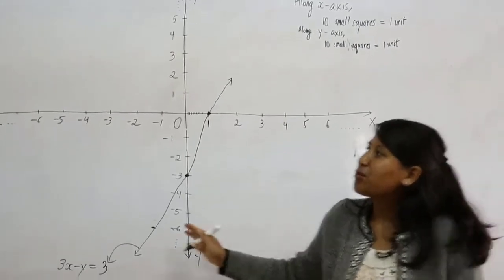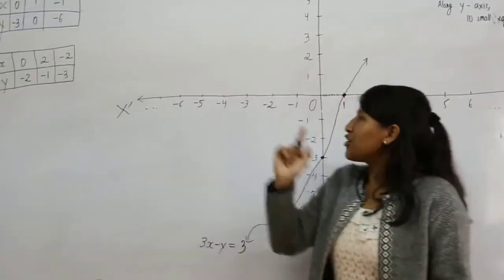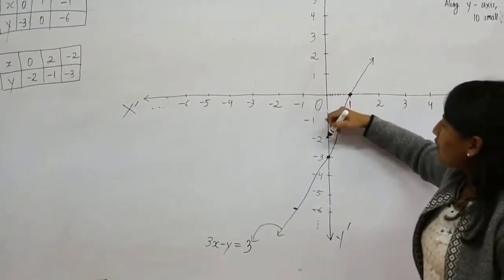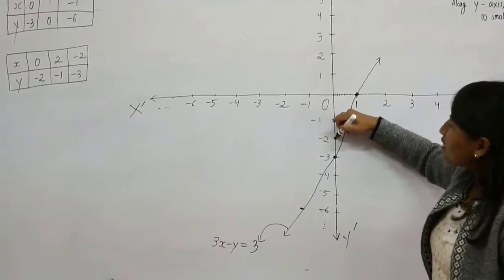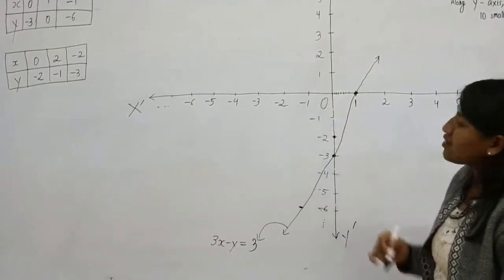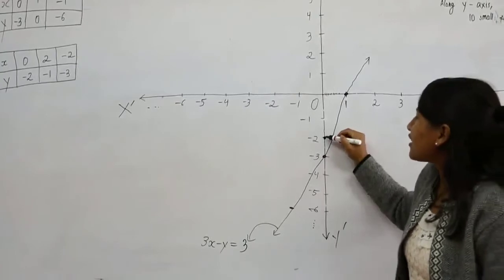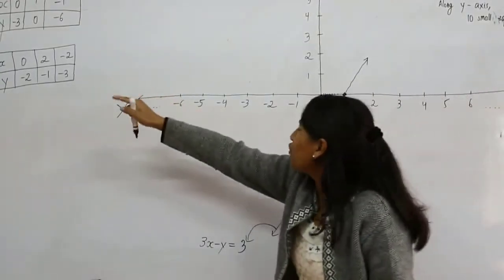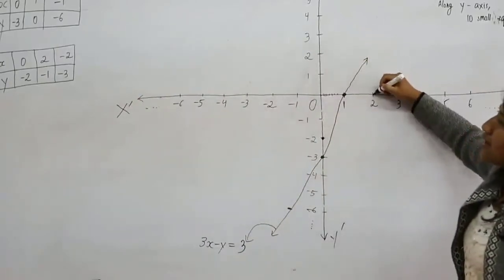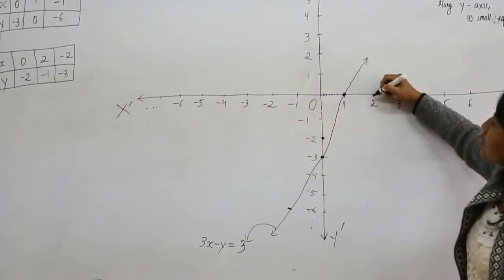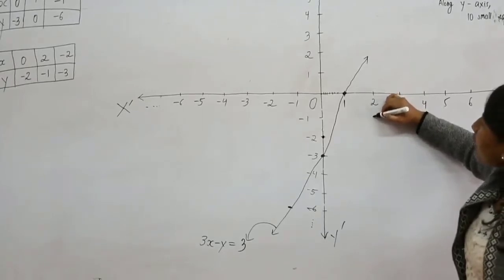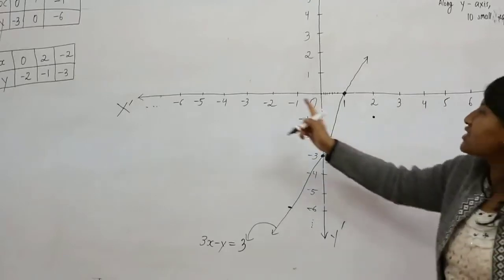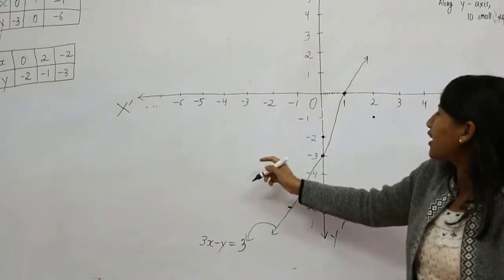Next you plot for the second table. 0, -2. So 0 for x here, then -2 for y. You darken the circle so that it will be easy for you later. Then 2 for x, where is 2, and then y is -1, so here. Then we have -2 for x and -3 for y.